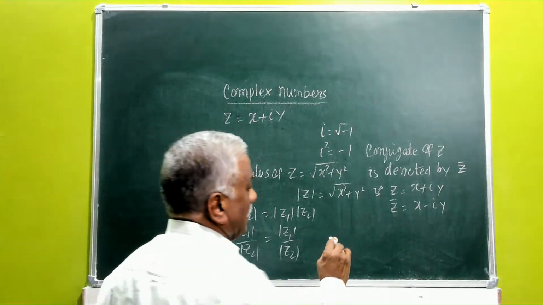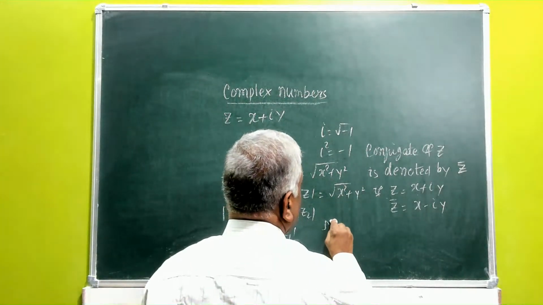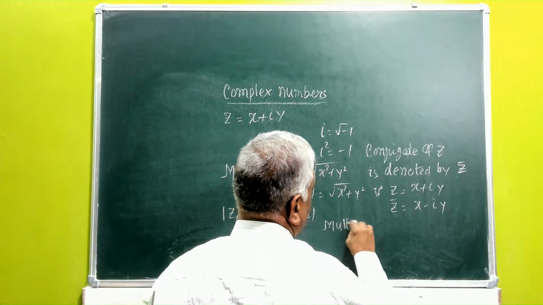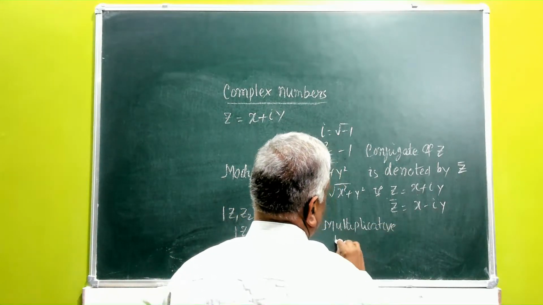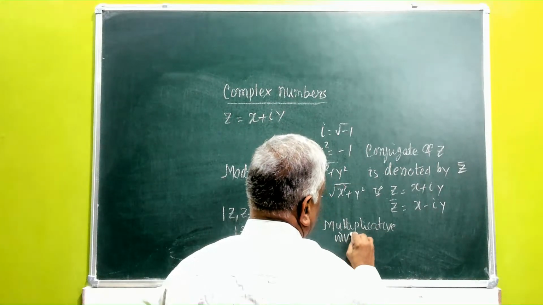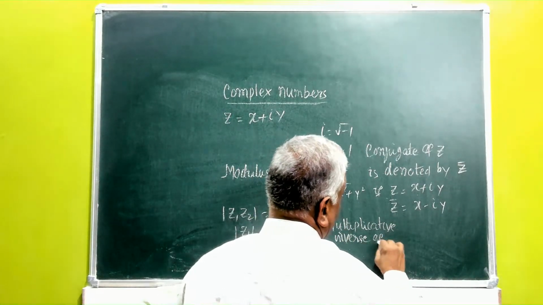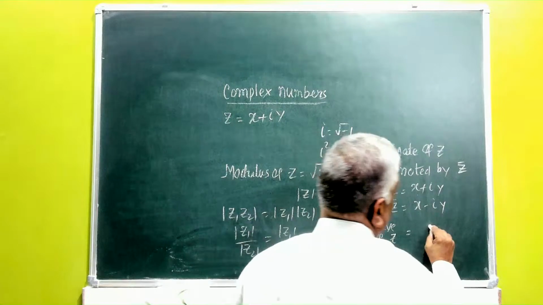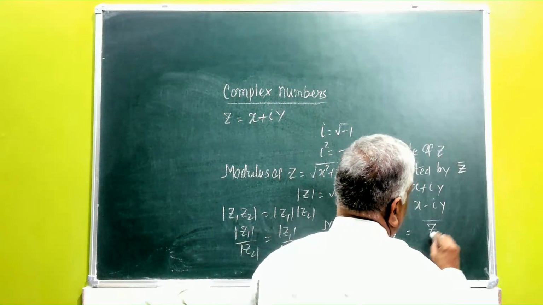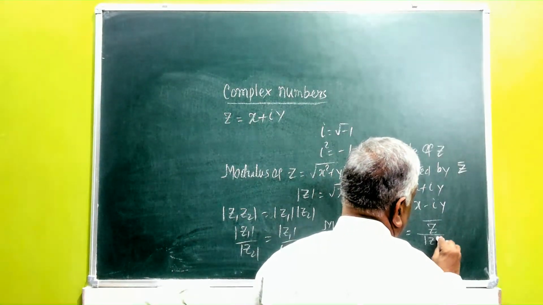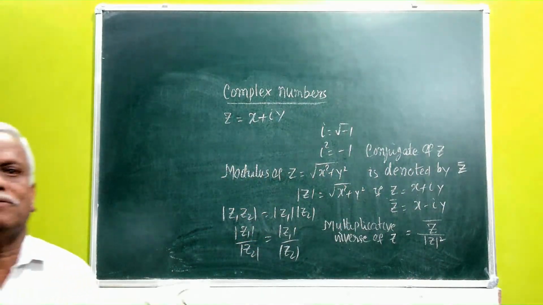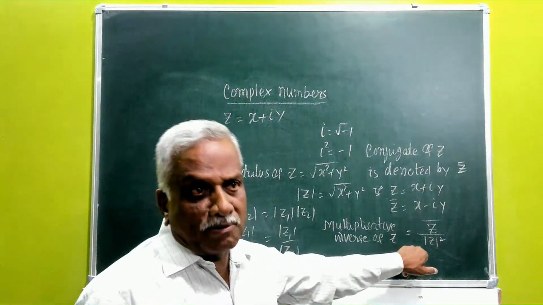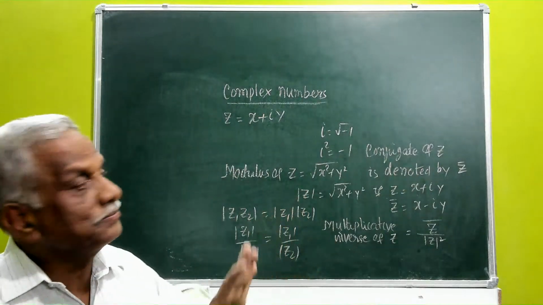Next, you need to remember the multiplicative inverse, because they have asked this question in CET. Inverse of z: remember the formula, it is z bar by mod z whole square. If you don't remember the formula, then you have to work it out. But if you remember the formula, it is going to be easy.